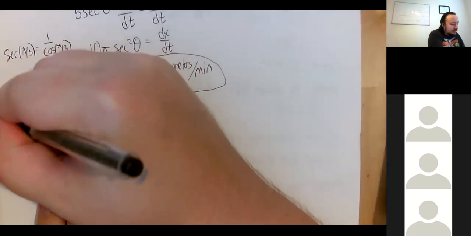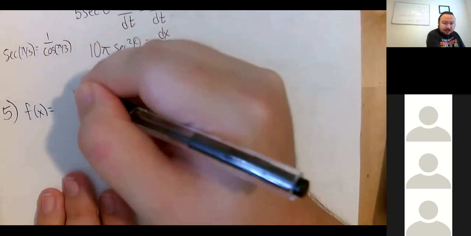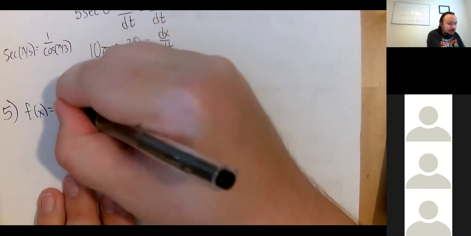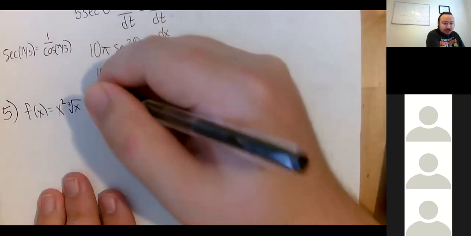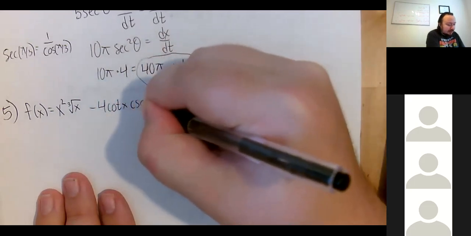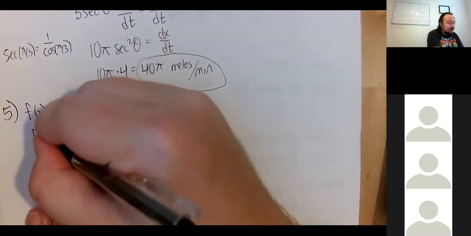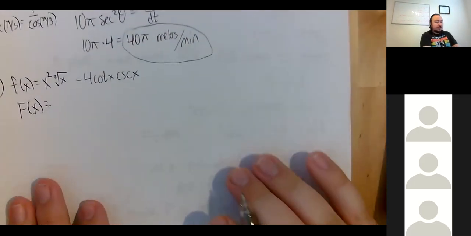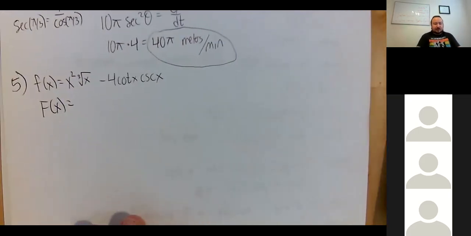All right, so this is number 5 from the homework. We have the function f of x is x squared times the cube root of x minus 4 cotangent of x cosecant of x. Our goal is to find the general antiderivative, which is often written as capital F of x.